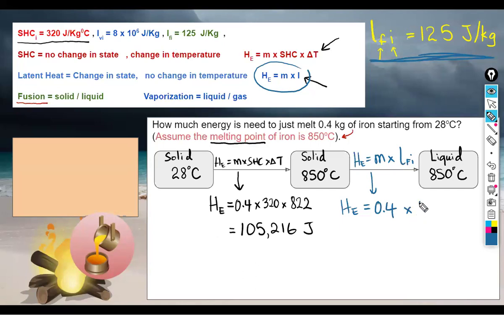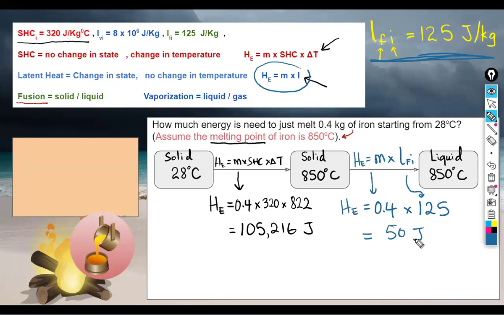And that's just a real small value, 125 or whatever. I don't think that's a realistic value, but let's just go with that. That's what the examiner gave us. So this is going to be 0.4 by 125. Easy.